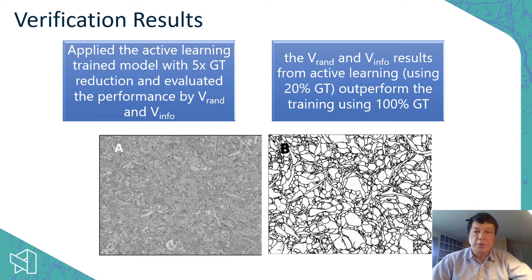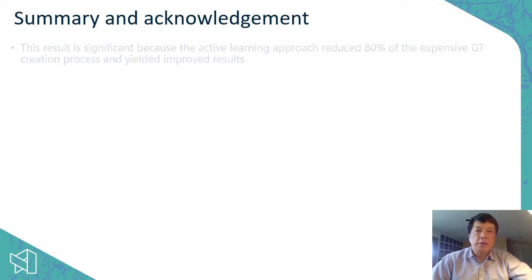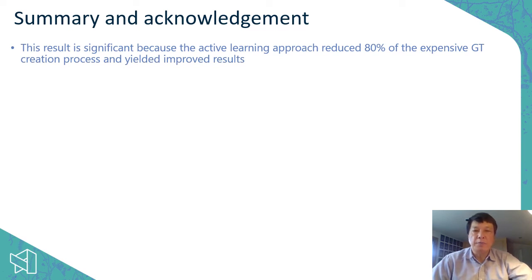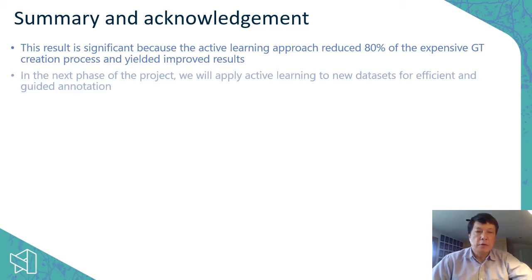And this is the result from 20% ground truth training on one Z plane. In summary, the result we think is very significant because the active learning approach could reduce 80% of the expensive ground truth creation process and yield improved results.